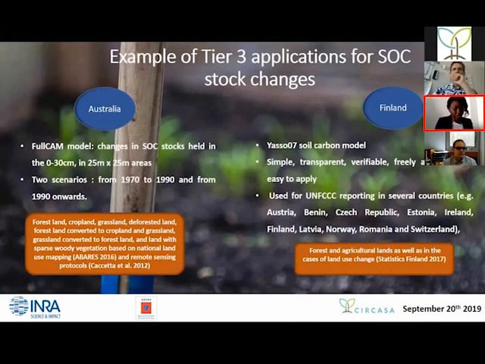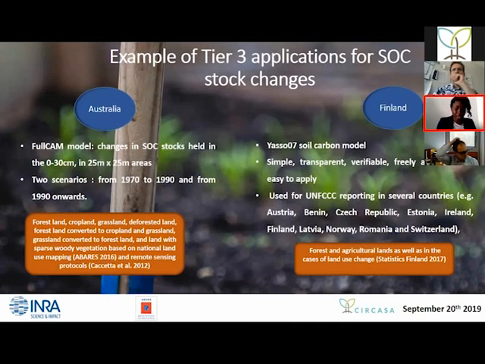A few examples of Tier 3 application for soil organic carbon stock change in national inventories. Here, in Australia, they implemented a Tier 3 inventory approach based on the use of the FullCAM model. The FullCAM model is a fully integrated carbon accounting model for estimating and predicting all biomass, litter, and soil carbon pools in forest and agricultural systems.